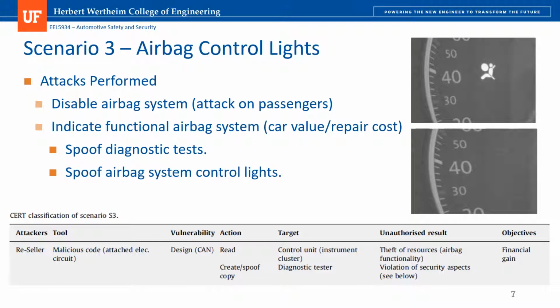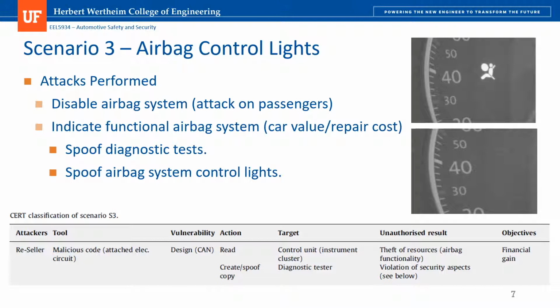The second attack would be just to indicate that the airbag systems are functional in a scenario for car sales. Airbag system components are really expensive, and a lot of times the reseller doesn't want to pay those costs, so they would spoof the system to make it look like it's functional.